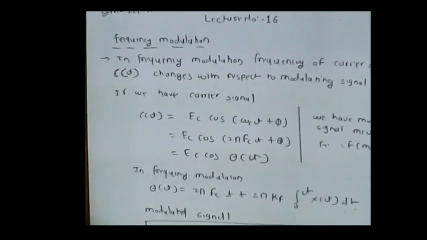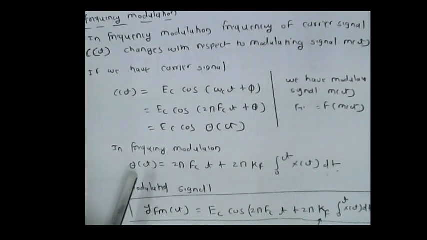So for frequency modulation, we can write theta of t equal to 2 pi fc t plus 2 pi kf integration 0 to t of x of t, where x of t is the modulating signal. So the output we can write in terms of this theta value.